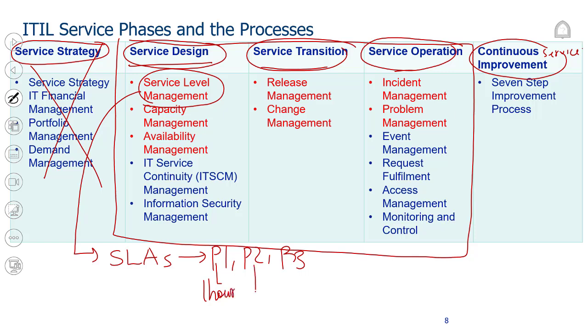For the priority 2 tickets, within, for example, 4 hours. And for the priority 3 tickets, I need it to be resolved in 2 business days.